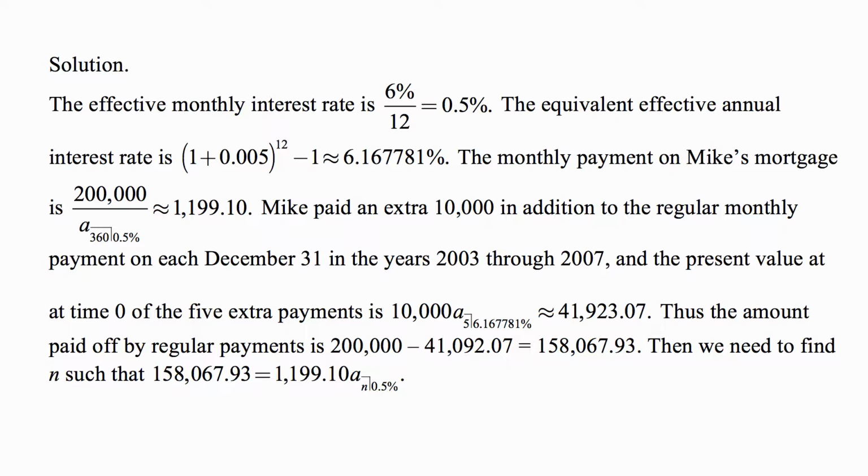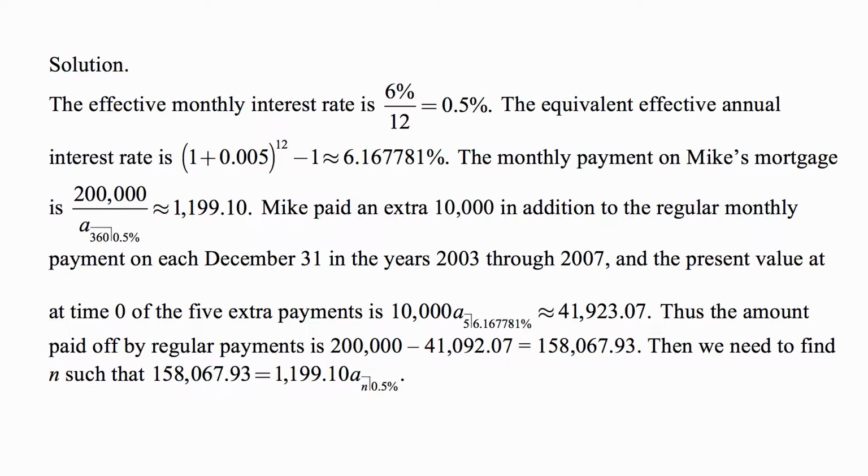Mike paid an extra $10,000 in addition to the regular monthly payment on each December 31 in the years 2003 through 2007, and the present value at time 0 of the 5 extra payments is 10,000 a angle 5 at the annual effective interest rate, so it's approximately 41,923.07. In other words, we can think about those 5 payments paying off this balance as of time 0.